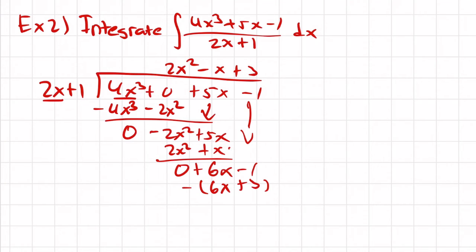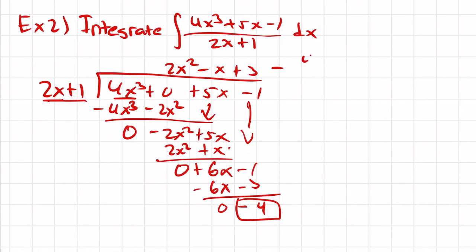And now we need to subtract 6x minus 1 by 6x plus 3. When we distribute the negative, we simplify to the following. We get negative 6x minus 3. So now we can simplify. 6x minus 6x gives you 0, and negative 1 minus 3 gives you negative 4. Because we have no more room left in our division, we take our remainder and divide it by 2x plus 1.